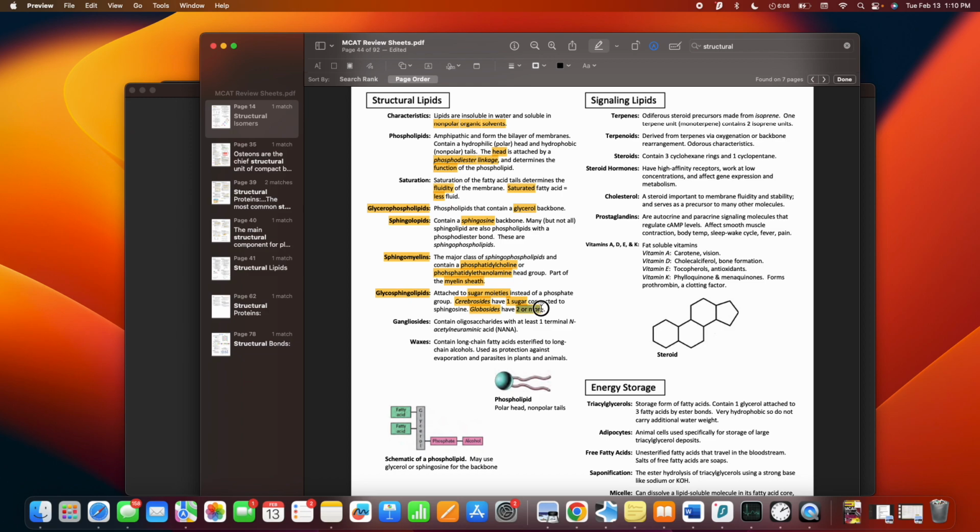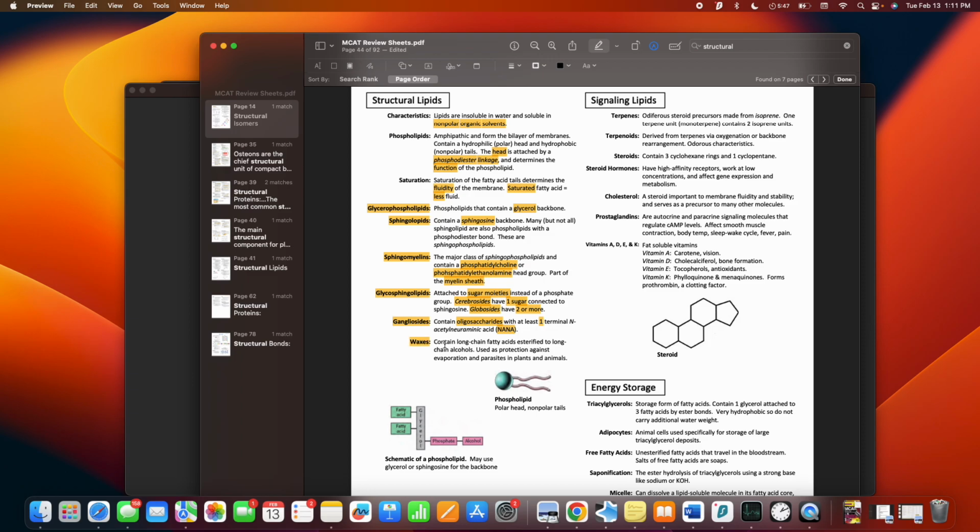Gangliosides contain oligosaccharides with at least one terminal N-acetylneuraminic acid, which is NANA.